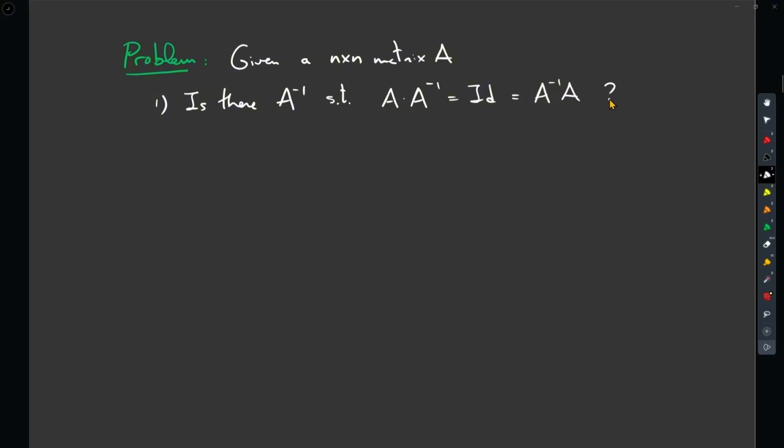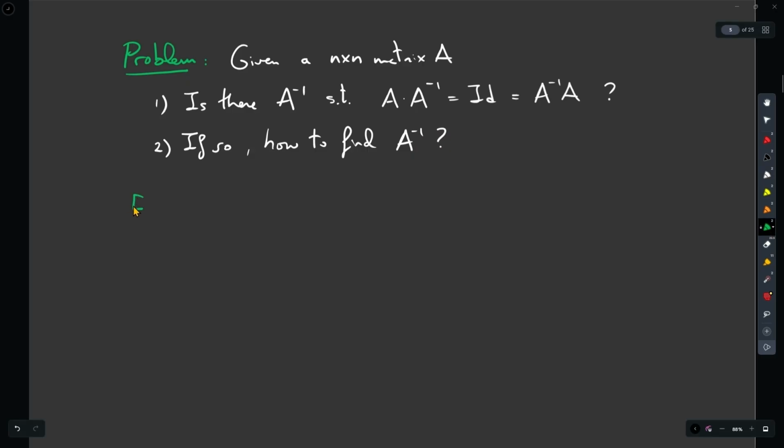So under what conditions will there be an inverse matrix, and if so, how do I find such an inverse? Let me give you some examples of inverse matrices.